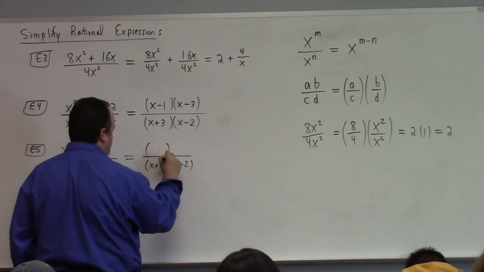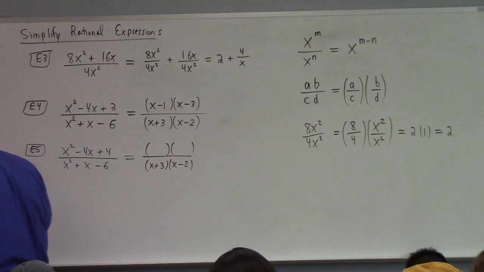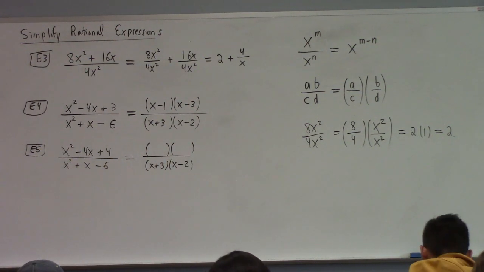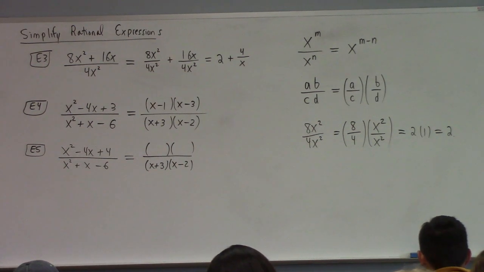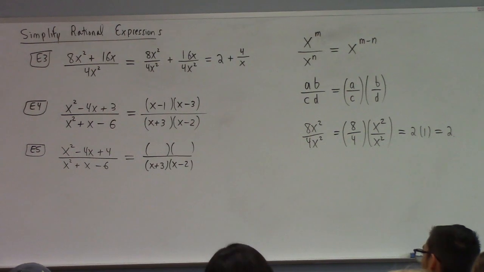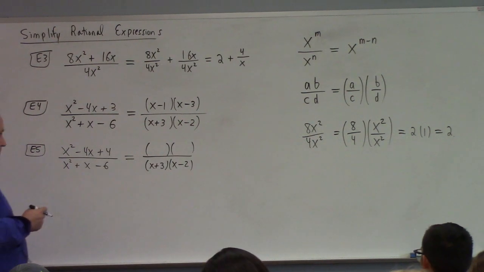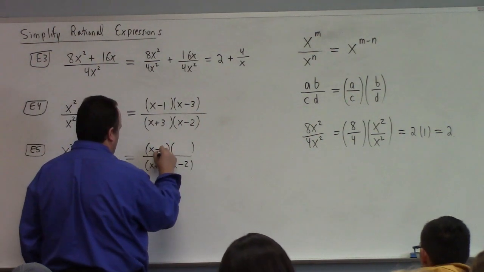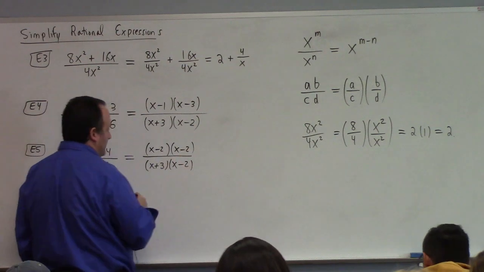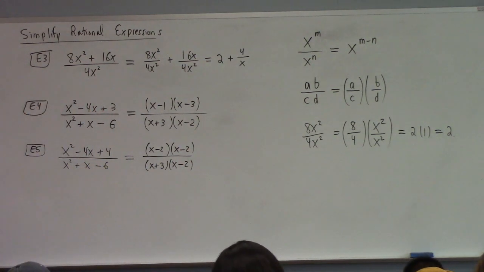But how do you factor the numerator, x squared minus 4x plus 4? X minus 2, x minus 2. I think we have a winner.